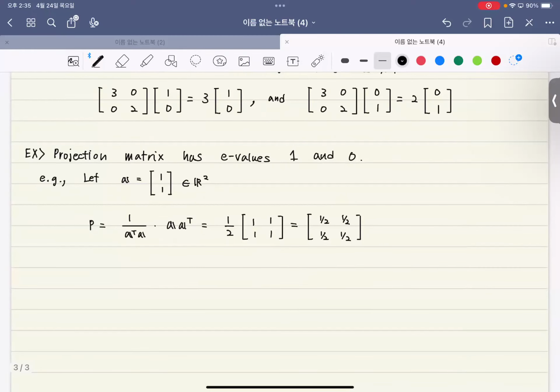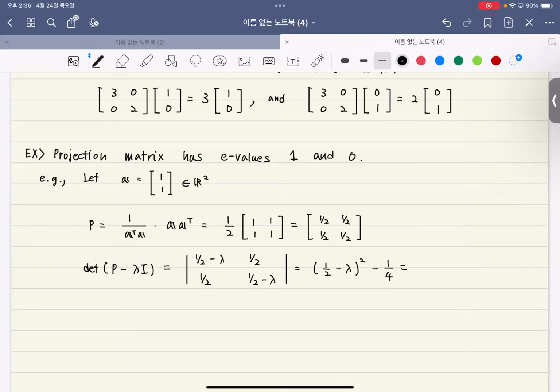To find the eigenvalues, I want to find the determinant of P minus lambda times I. So which is 1/2 minus lambda squared and minus 1/4.